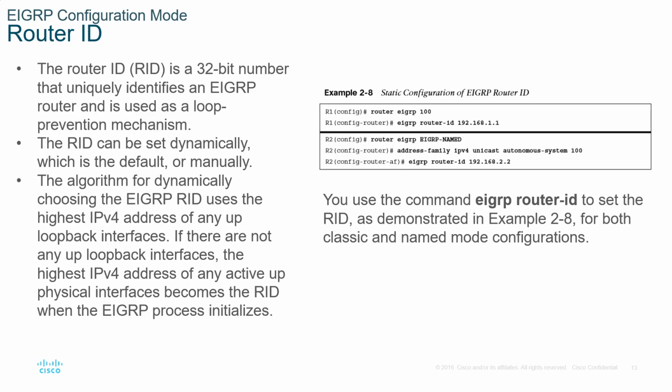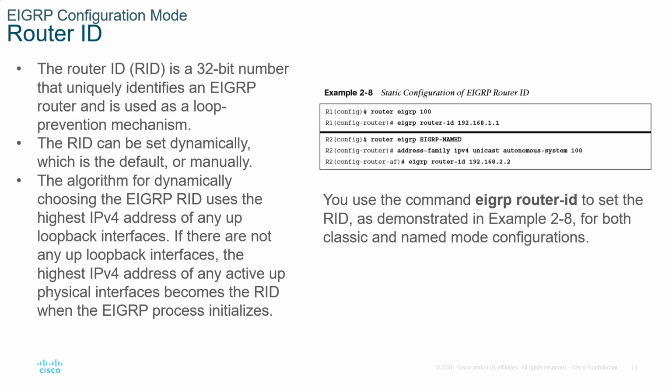Okay, so if you want to manually set this, we can do that under the routing process. So router EIGRP 100 and then EIGRP router ID and then the IP address in dotted decimal format.